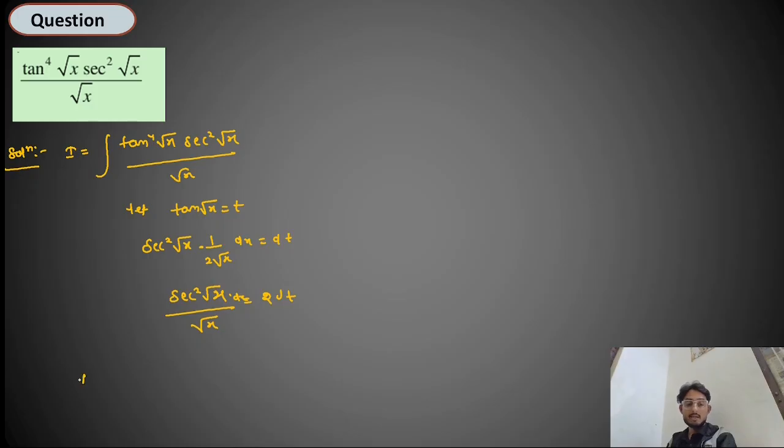So you can write I equal to integral of t raised to power 4 times 2 dt. So I equal to 2 times the integration of t raised to power 4, which is t raised to power 4 plus 1 upon 4 plus 1 plus c.